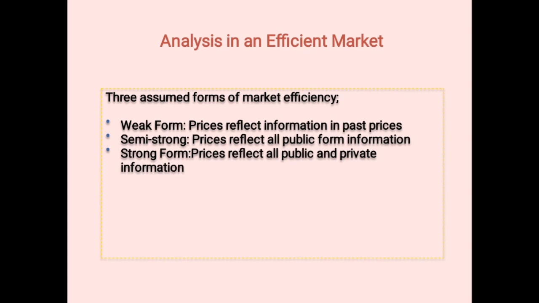And then in the market efficiency analysis, there are three forms of market efficiency. There is weak form, where the price reflects information in past prices, and semi-strong, where the price reflects all public information, and then strong form, where the prices reflect all public and private information.